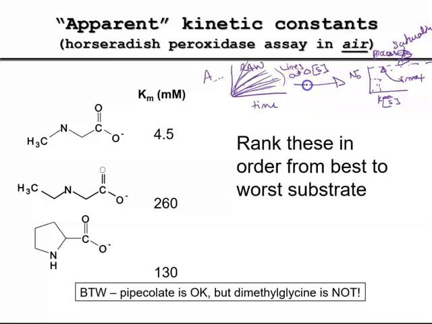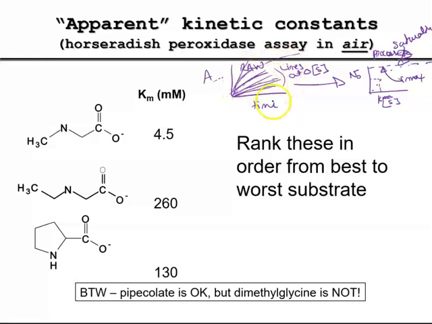Now, one other thing that I want to mention to you is that when we run these different assays and we look at our raw data traces in the lab, where we run the different assays at different substrate concentrations, and we see these lines fall over, this is not saturation.